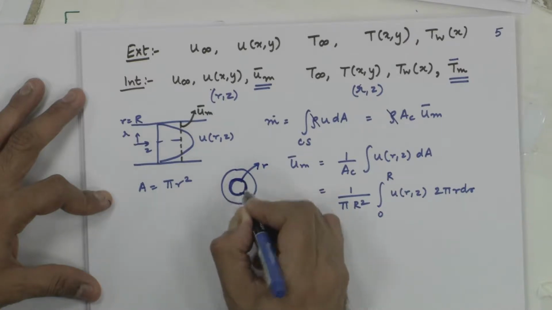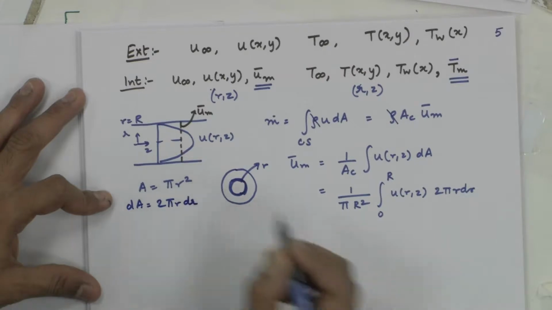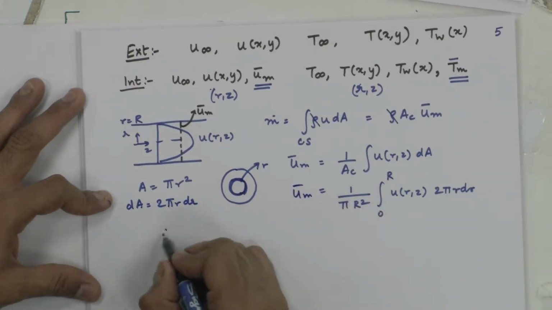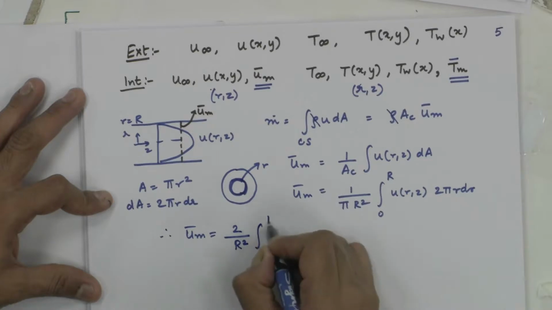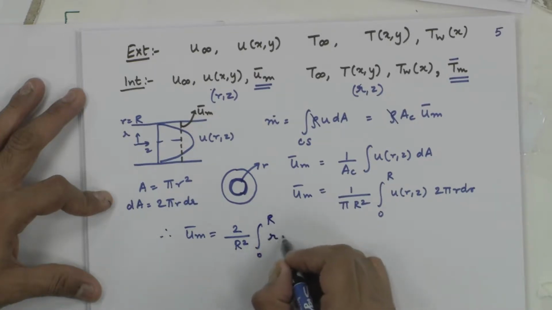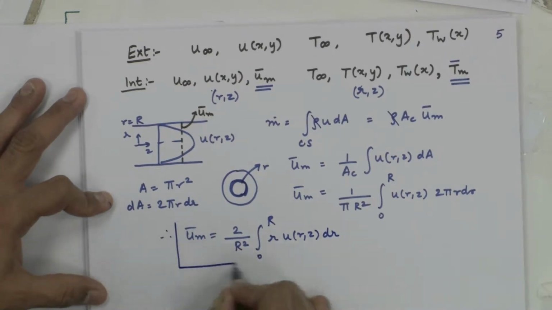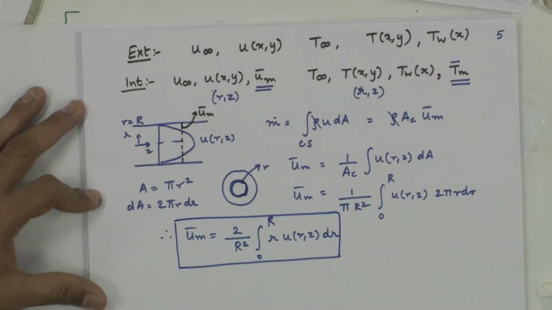So, dA is nothing but 2 pi r dr. So, this is what we substitute here, and u bulk mean therefore is nothing but 2 by R square, the pi's will cancel off, integral 0 to R u of r comma z r dr. This is your average or bulk mean velocity, whatever be the velocity profile.